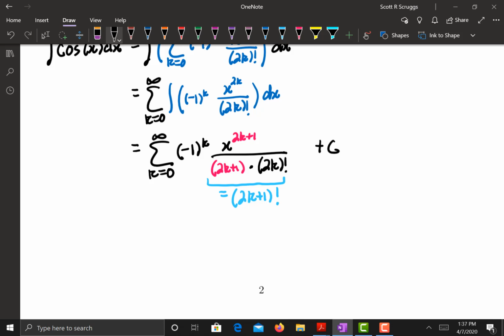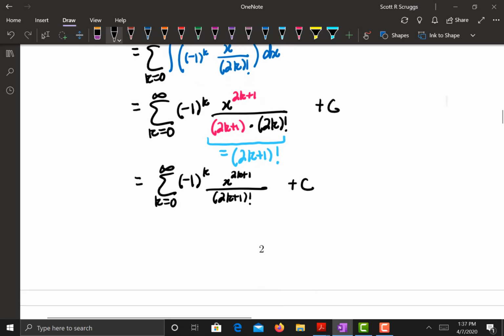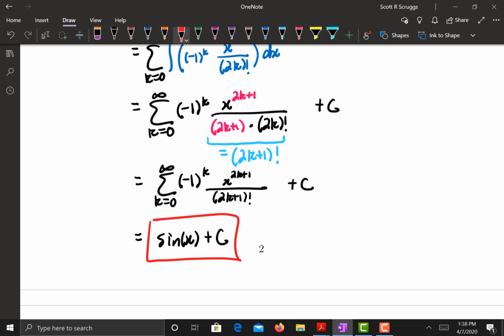Therefore, I can rewrite the series as the sum k equals 0 to infinity of negative 1 to the kth power, x to the 2k plus 1 over 2k plus 1 factorial plus c. And now we recognize that the series that I now have is the Maclaurin series for sine plus c. And there is my final answer for that problem.